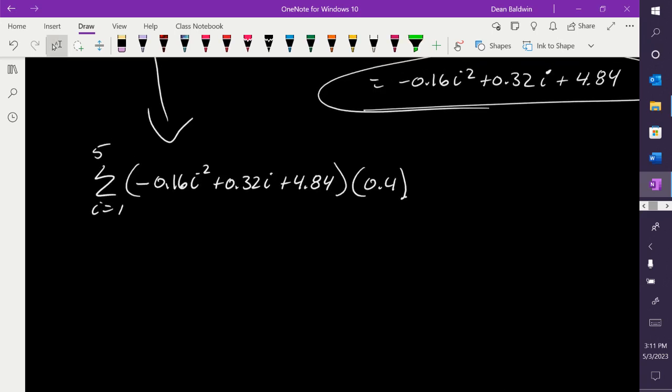All right. Okay, I can pull constants out of sigmas, right? So let's pull a 0.4 out. And I need to break up all those other ones. So I'm pulling this 0.4 out, and then I'm splitting up all the other ones.